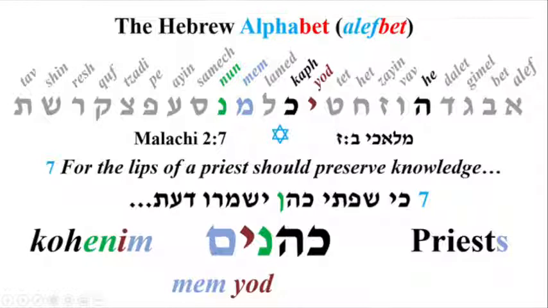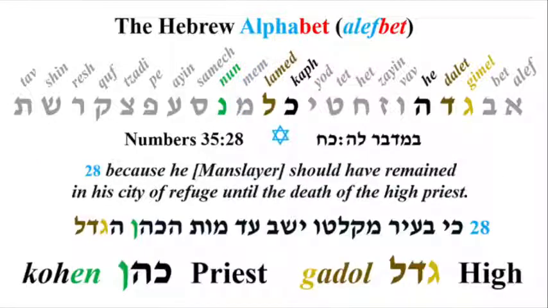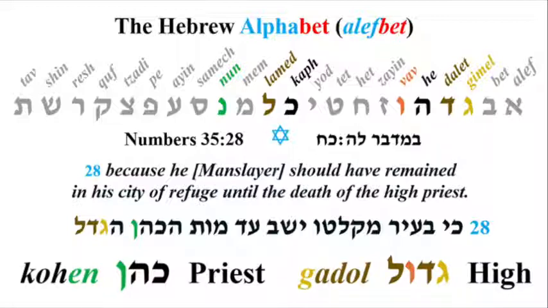All right? And you may have heard of the Kohen Gadol. The word Gadol means high. So the high priest, Kohen Gadol. Okay? We've seen this, by the way, if you're Jewish and watching, this is beautiful. Look at this. This is in Numbers 35:28. Bamidbar 35.